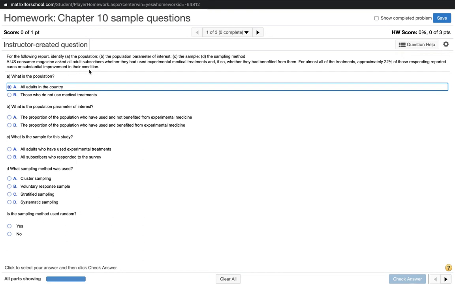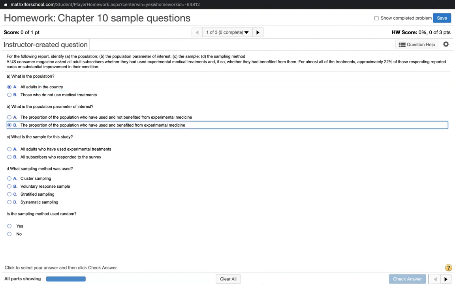Proportion is just another fancy word for percentage. Our two choices are the proportion of the population who have used and not benefited, or the proportion who have used and benefited. Well, it says 22% of those responding reported cures or substantial improvement. That sounds like benefited to me. So the answer here is B.